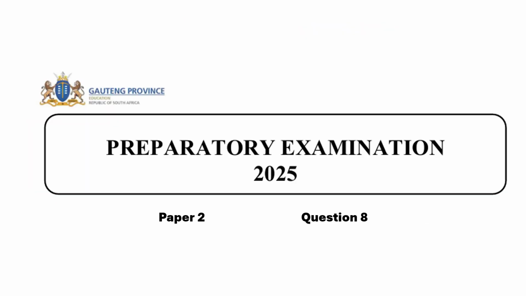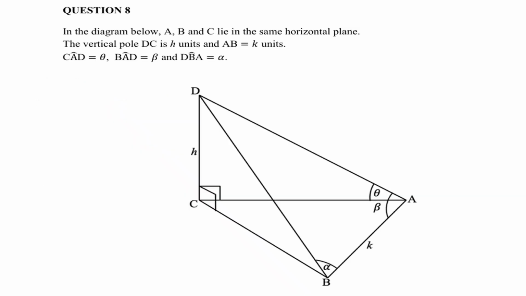Gauteng Province Preparatory Examination 2025, Paper 2, Question 8. In the diagram below, which is a three-dimensional diagram, A, B, and C lie in the same horizontal plane. The vertical pole DC is H units and AB is K units.